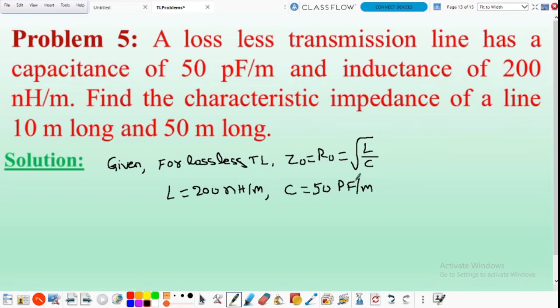So determine the characteristic impedance for 10 meters long and 50 meters long.